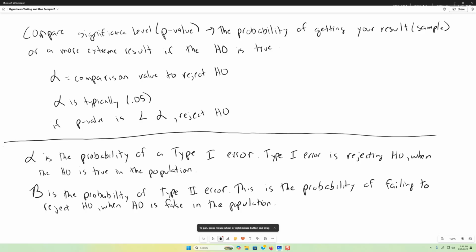So we should be rejecting the null in the sample, but we don't. And we incorrectly fail to reject the null, right? So in type 1 error, we incorrectly reject the null in the sample. In type 2 error, we incorrectly fail to reject the null. We should be rejecting the null because the null is not true in the population, but we don't, for a variety of reasons.